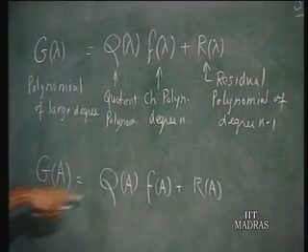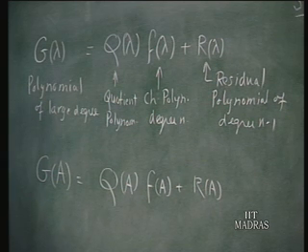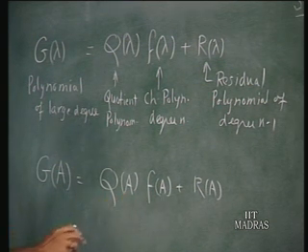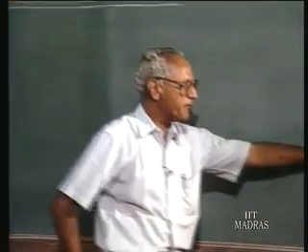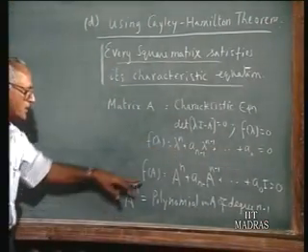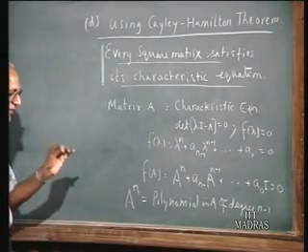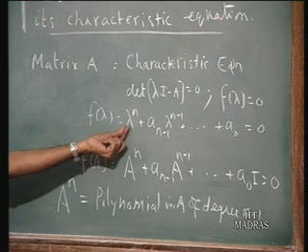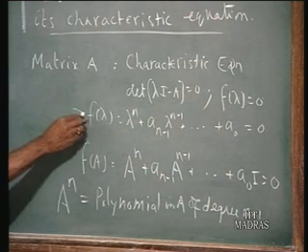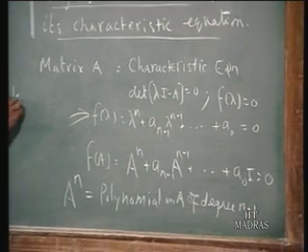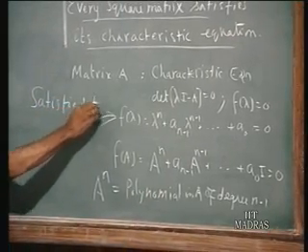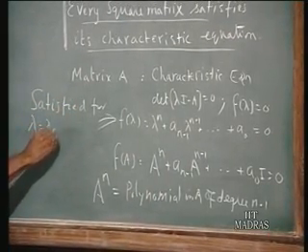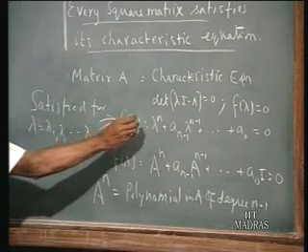Now if you look at this form of the equation, we know that every square matrix satisfies its characteristic equation. Therefore F(A) happens to be equal to 0. We just now saw that if f lambda equals 0 for particular values of lambda, F(A) is 0. Now the difference between these two is this: f lambda equal to 0 will be satisfied for particular values of lambda, for lambda equals lambda 1, lambda 2 up to lambda n, only for the characteristic values.